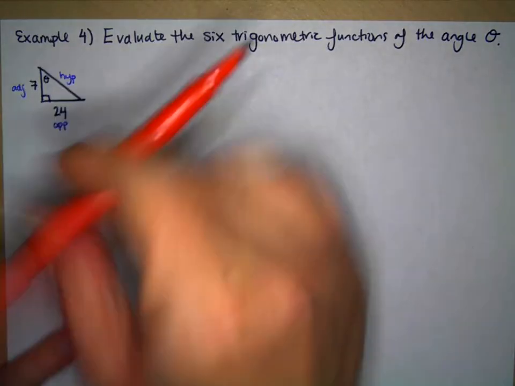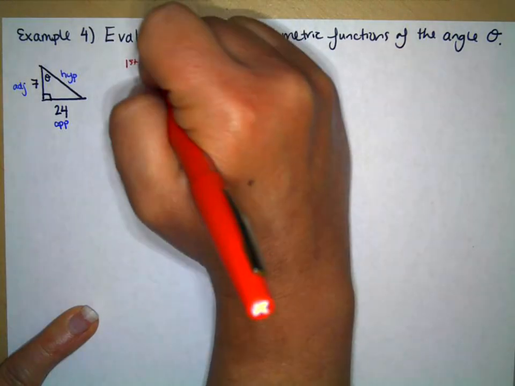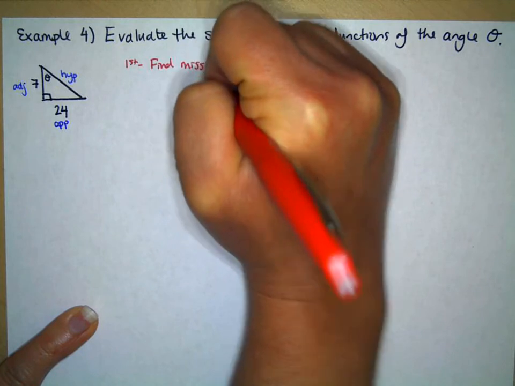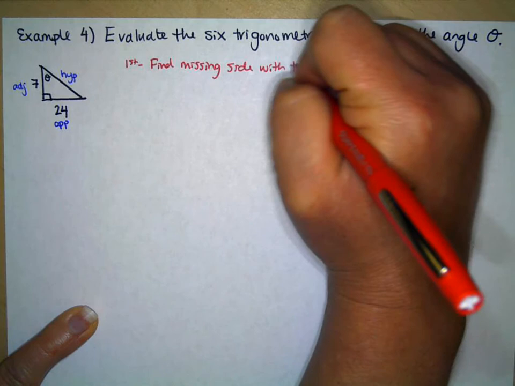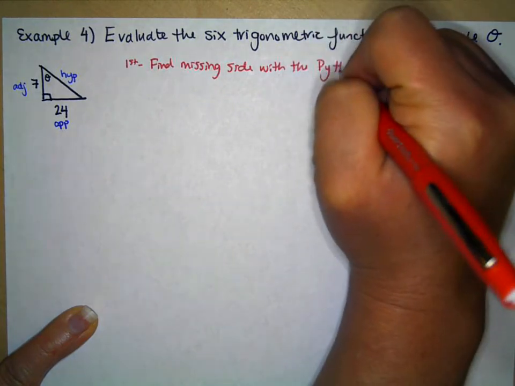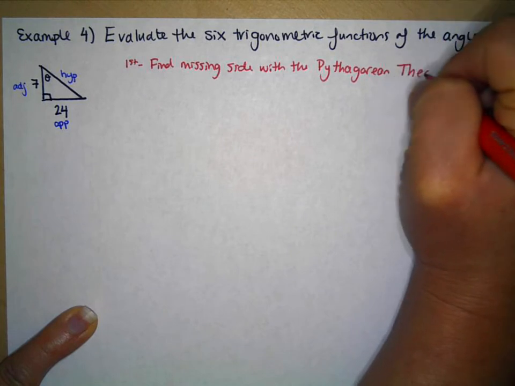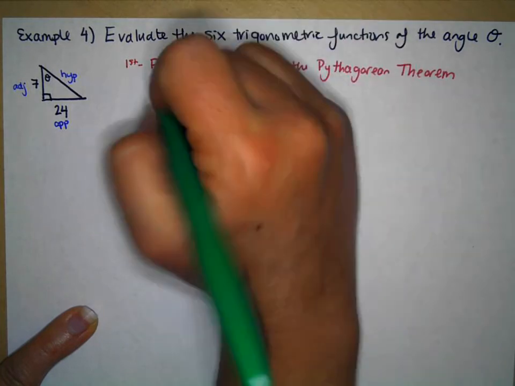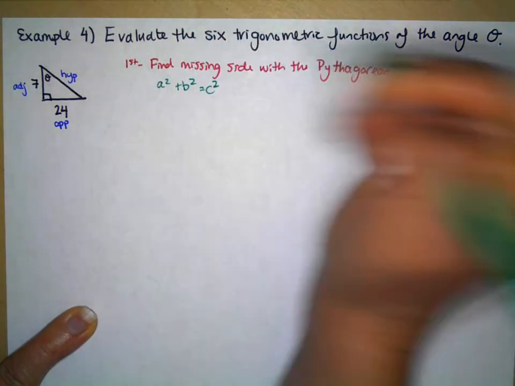The first thing we're going to do is find our missing side using the Pythagorean theorem. Our Pythagorean theorem says a squared plus b squared is equal to c squared.